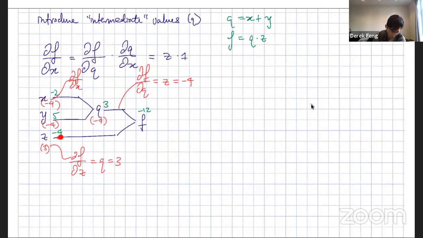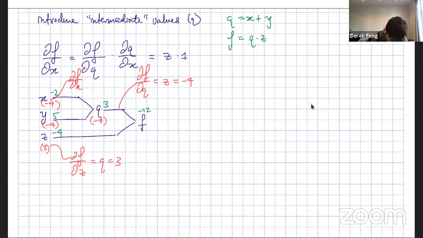How do I know that? You can figure it out by thinking about what happens, but you can actually figure that out from the gradients themselves. The gradient tells you which direction you want to be moving your parameters. In this case, 3 is a positive number, so that tells me I want to move z in a positive way.